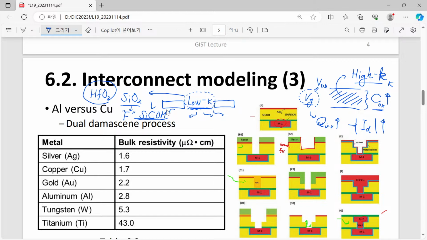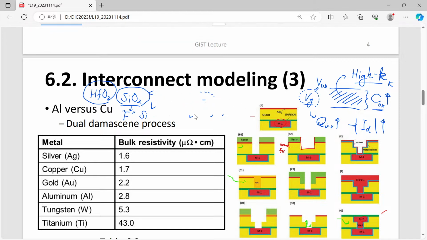Then it is experimentally verified that we have a reduced value of kappa. And another type of approach is to just use silicon dioxide. However, instead of densely packed silicon dioxide, make a silicon dioxide layer having many pores.